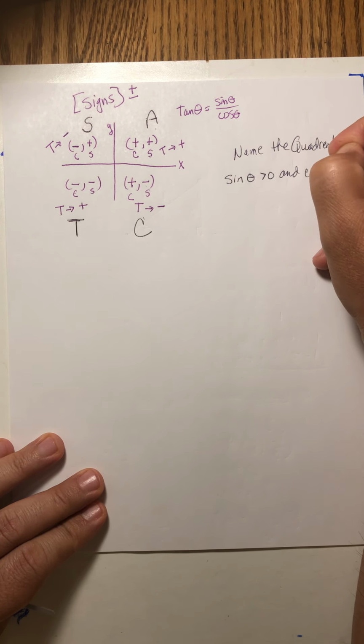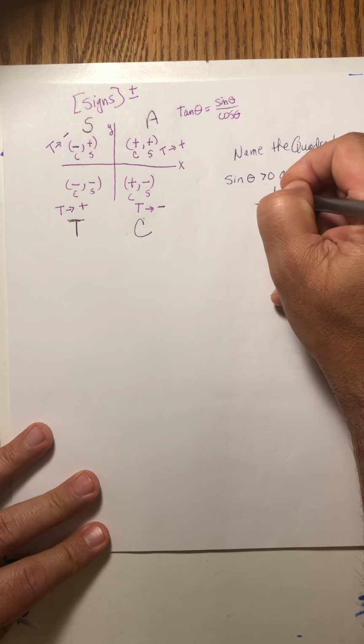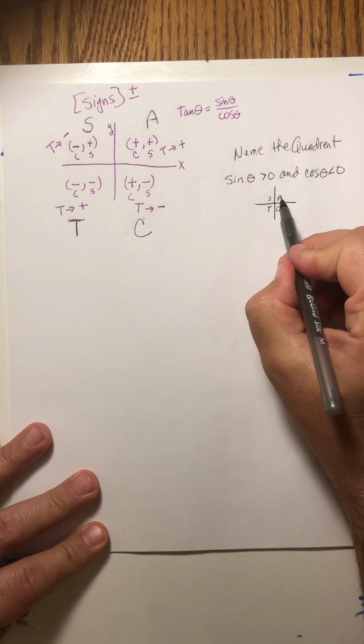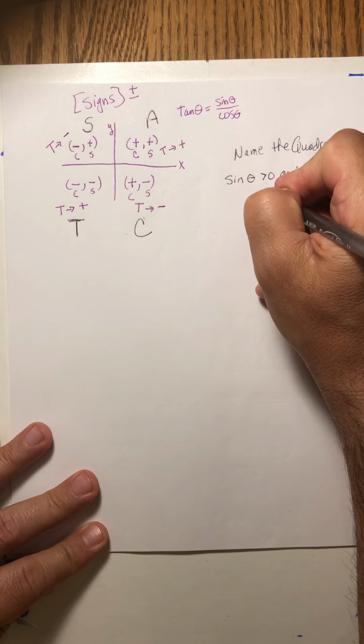What quadrant is that? This is what I do. Draw my axes. I put little check marks. Okay? I'll do a black check mark for sine being greater than 0. Well, where is sine greater than 0? Well, A, S, T, C. All are positive, so I'm going to put a check mark here. Sine is positive. Put a check mark there.